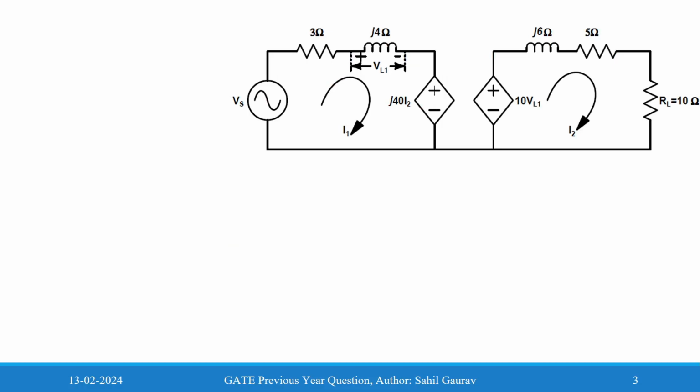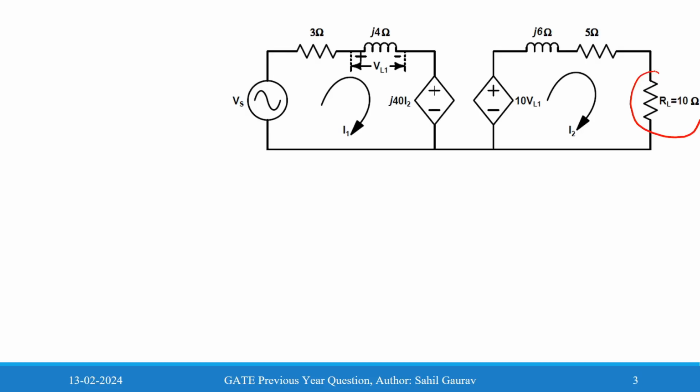So this is the given figure. Now for evaluating the Thevenin voltage seen from the load resistance RL, first we have to remove the RL and we open the circuit across it.